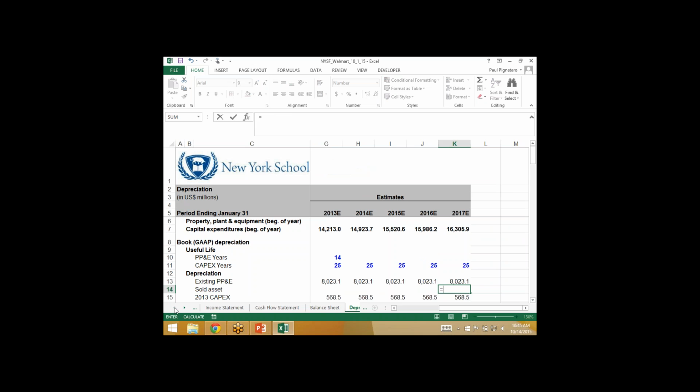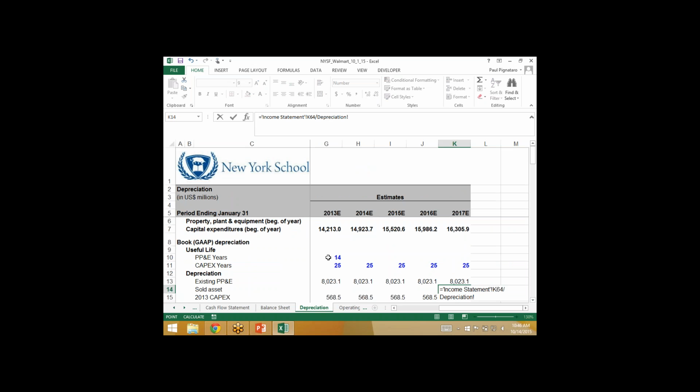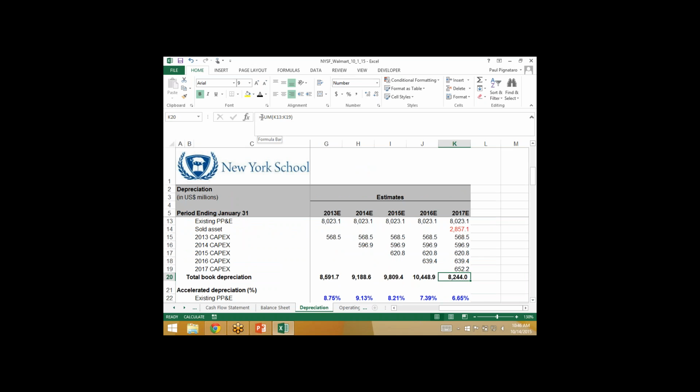So you go to the income statement and you'd go, all right, well, the value of the asset sold was 40 divided by 14 years. That's the amount that's gone. I'll make it negative. And that'll total into this. Okay, that brings it down. Did that bring it down properly?